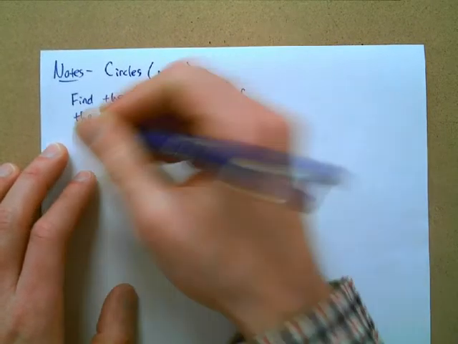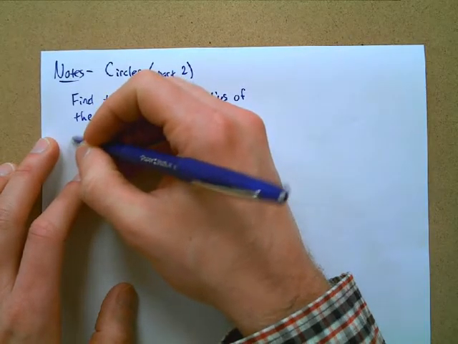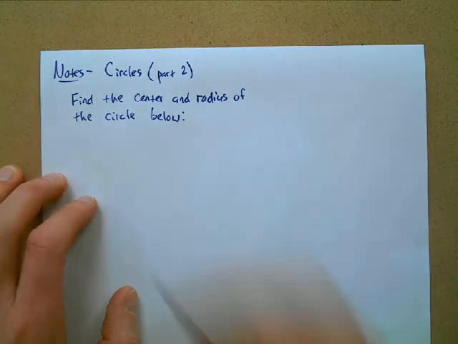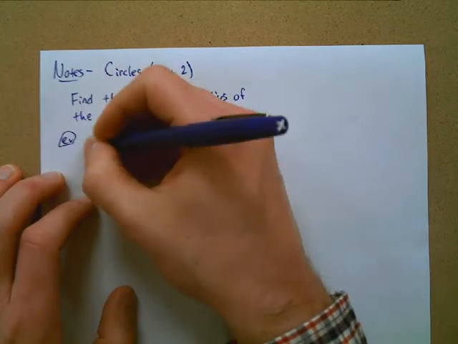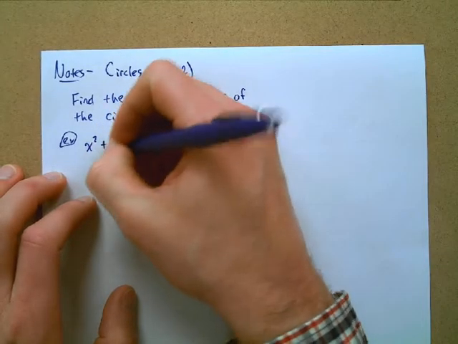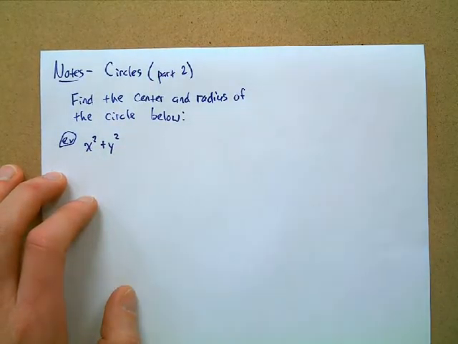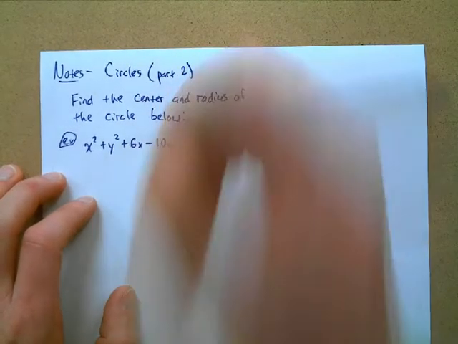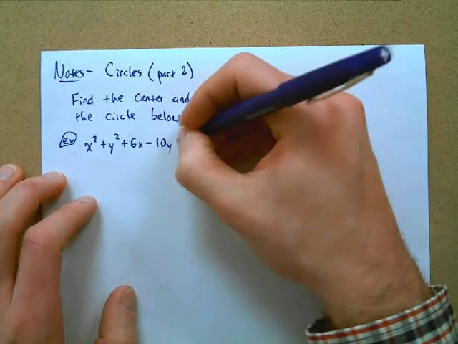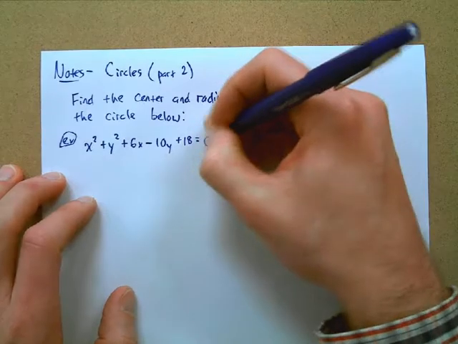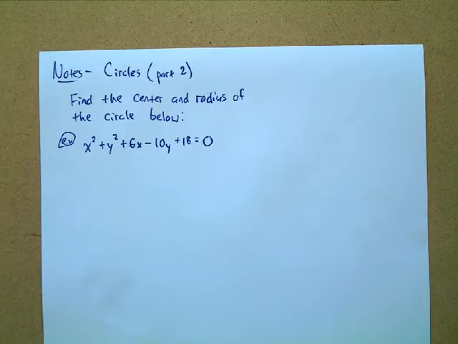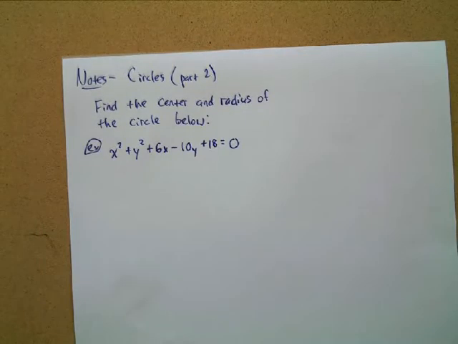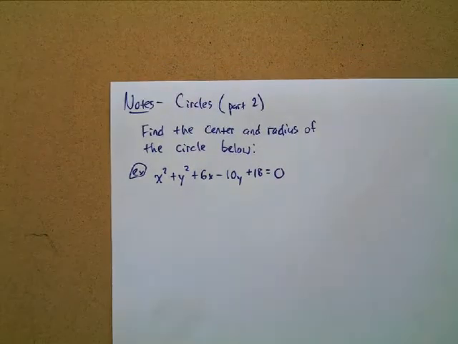I'll start out here with x squared plus y squared plus 6x minus 10y plus 18 equals 0.